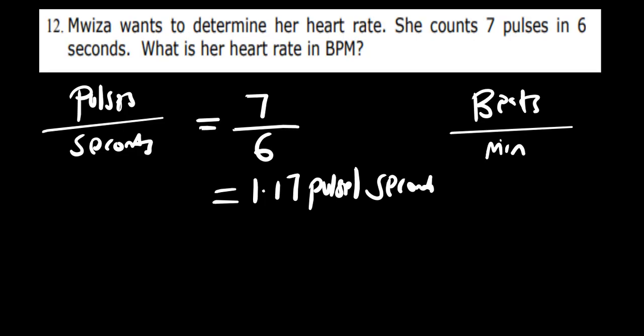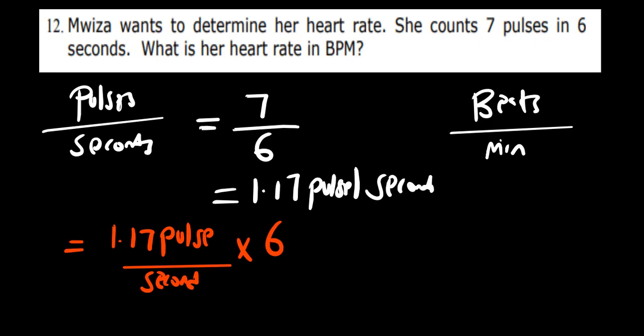Okay, now that we've got this, we have everything that we need. So we have 1.17 pulses per second, multiplied by, now you know that 60 seconds is equals to 1 minute. Okay, so that is our conversion unit. A pulse is just the same as a beat, so there's nothing to convert to beats.